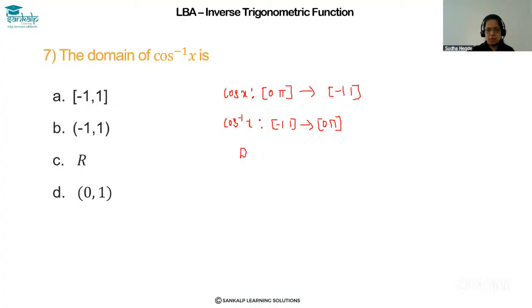Therefore, domain of cos inverse x is minus 1 to 1. Check the answer. Option A is the correct answer. So option A, closed interval minus 1 to 1 is the correct answer. Thank you.